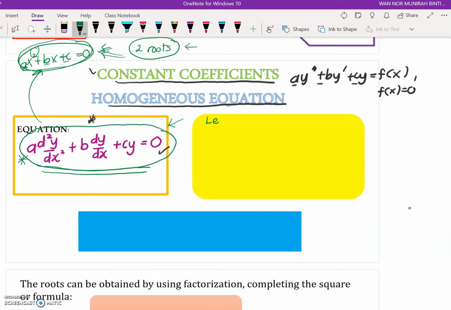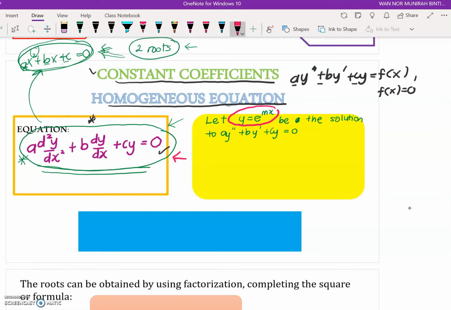We need to let y = e^(mx) be the solution to ay'' + by' + cy = 0. So we want to let y = e^(mx) be the solution to this differential equation.